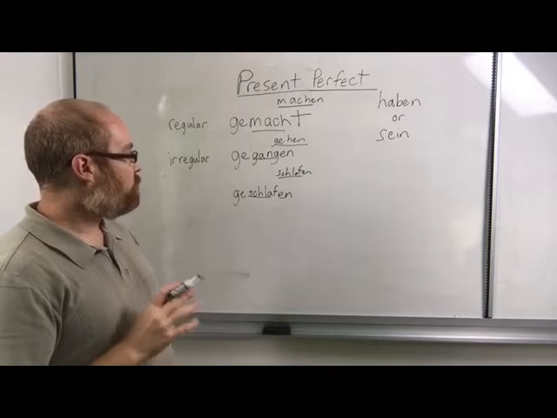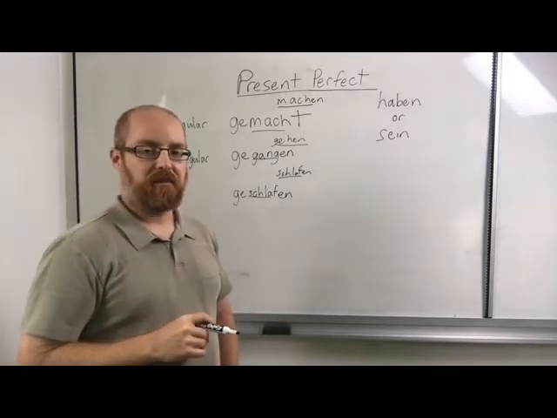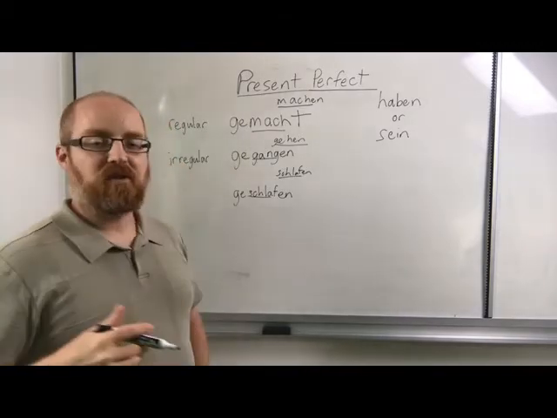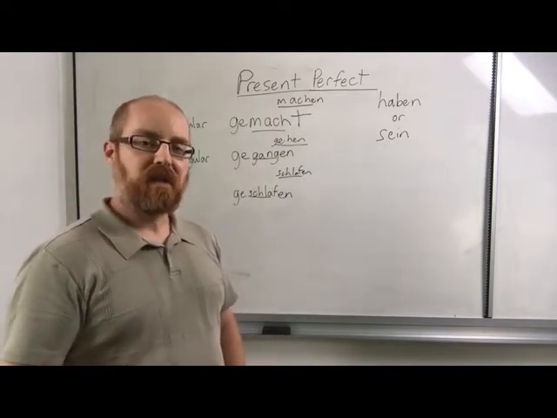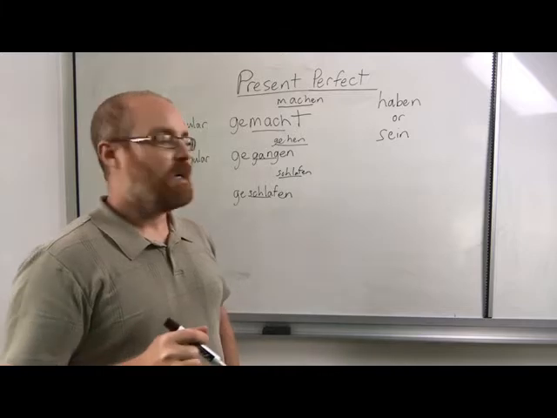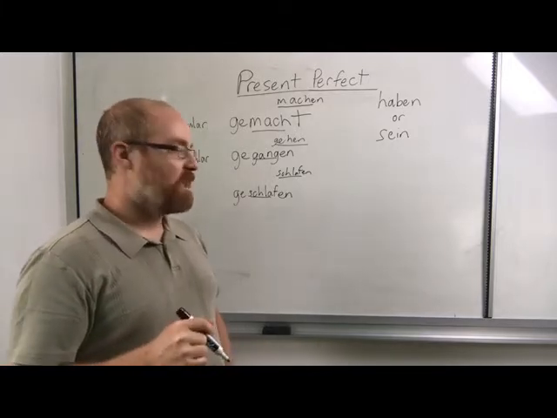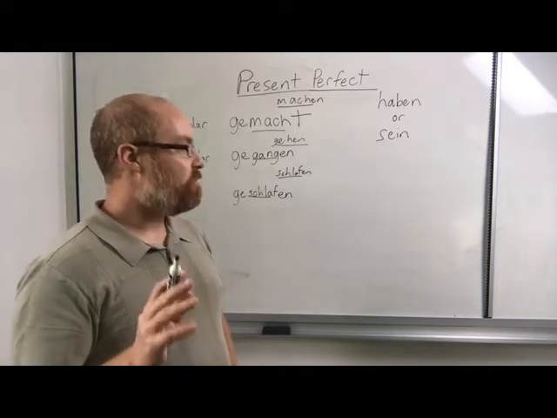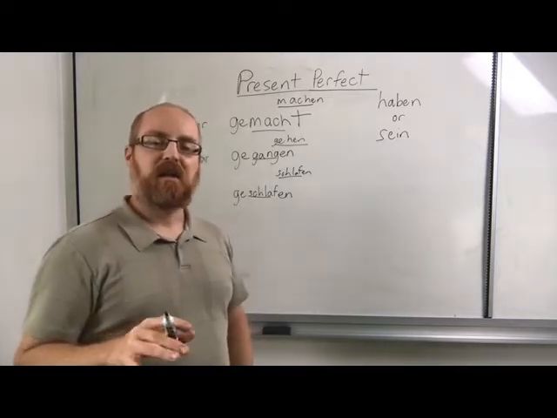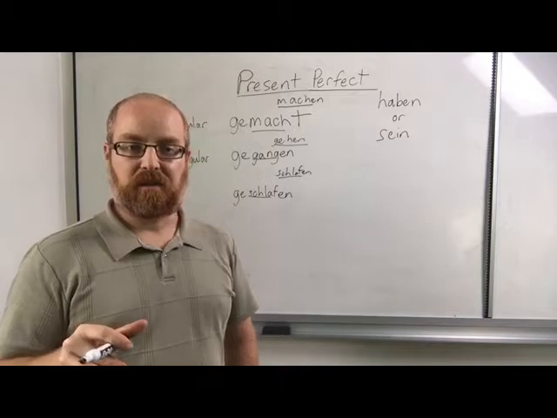Now, when do we use haben versus sein? Haben is used for regular verbs, but also irregular verbs. The same can be said for sein. The main difference, let me back up for a second. The vast majority of verbs that take sein are irregular.